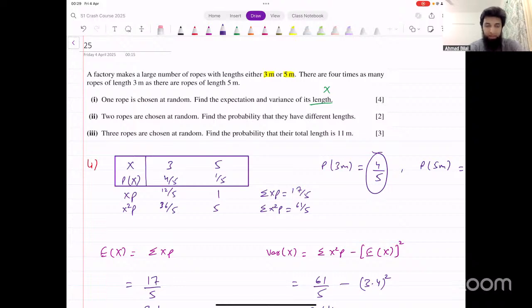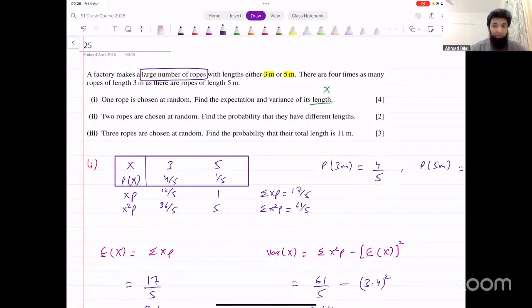They have not said without replacement. Whenever they don't say anything, you assume that this is without replacement. If it was with replacement, they would always tell you in the question. So when they're taking out one rope, they're not putting it back. But even though it is without replacement, since it's a large number of ropes, the probability remains constant. It does not change.